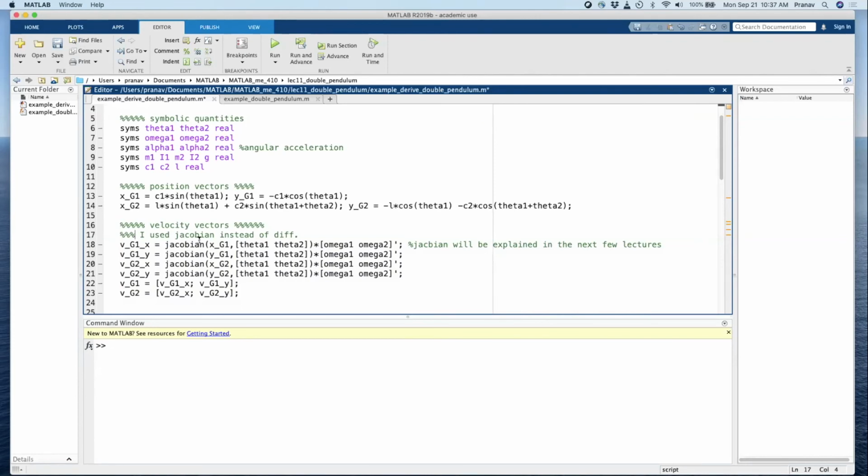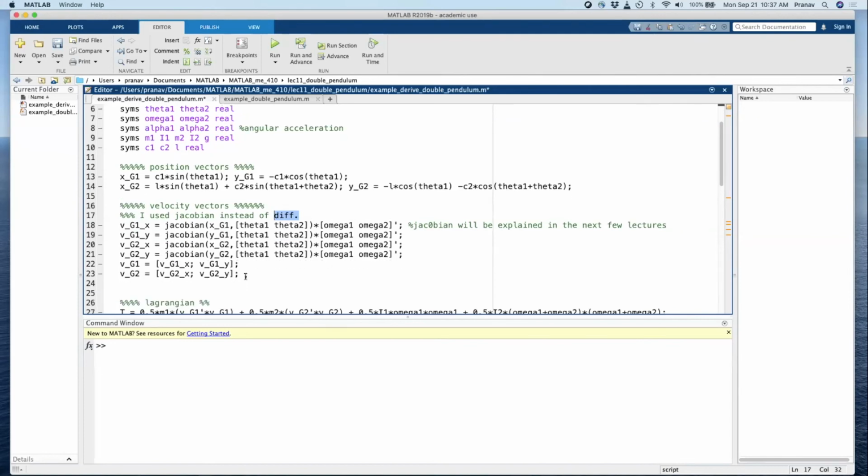Jacobian is an even better way of finding the derivative of the position to get the velocity. But you can do this same thing using differentiation and get the same answer as I have over here. I'll show you in the next class how diff and Jacobian give the same answer for the velocity. So bear with me on this.